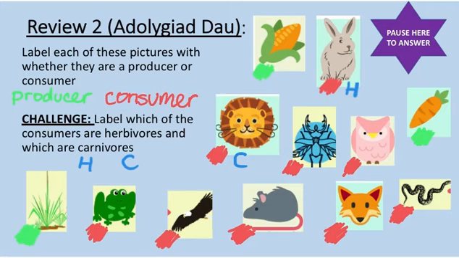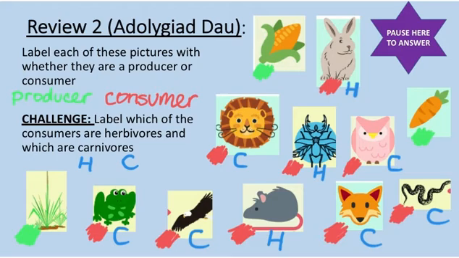The insect was a herbivore because it ate the grass. The owl was a carnivore because it ate the rat. The frog was a carnivore because it ate the insect. The eagle was a carnivore because it ate the snake. The rat was a herbivore because it ate the corn. The fox was a carnivore because it ate the rabbit. And the snake was a carnivore because it ate the frog.